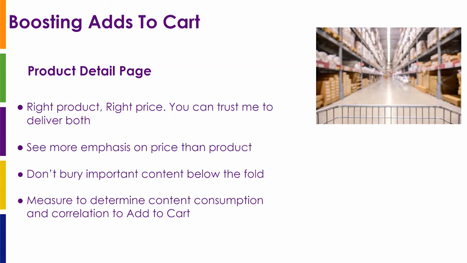Obviously, we're presenting that information to them, making sure they consume it so they know, because they can't actually physically touch the product, they can't hold it in their hands, but they can actually receive a lot more information about the product than they could in just a store. Too often I see content, excellent content, buried below the fold on the product detail page.